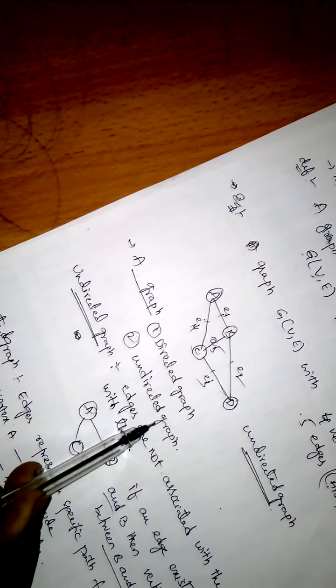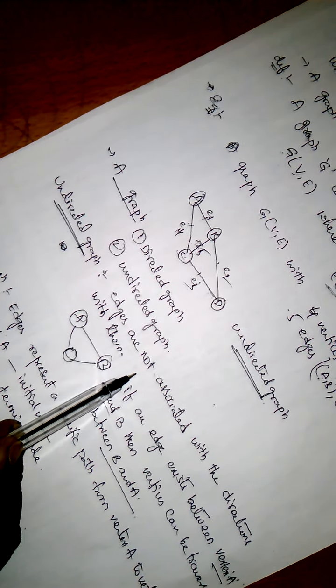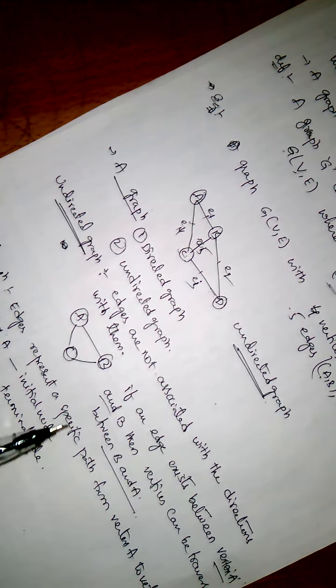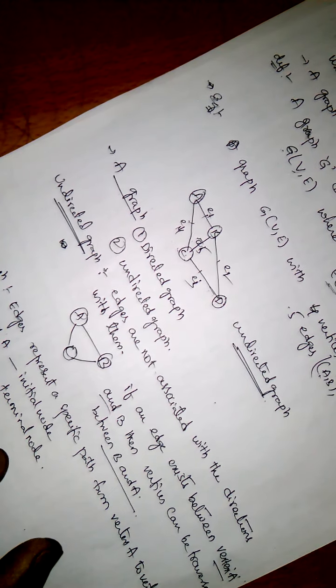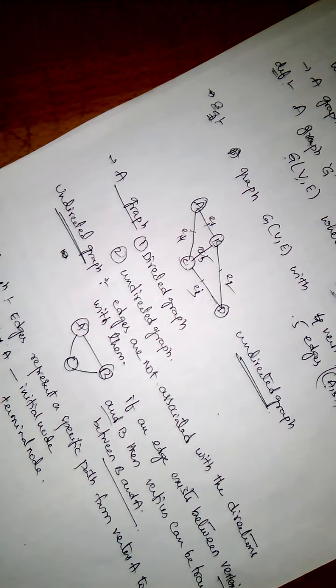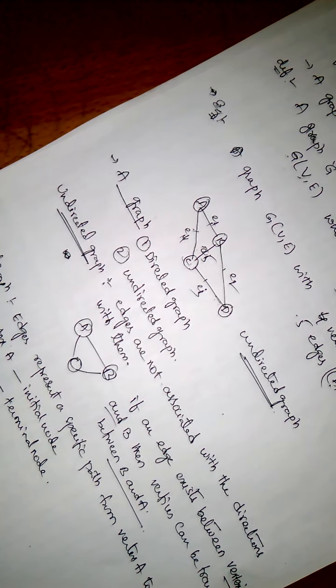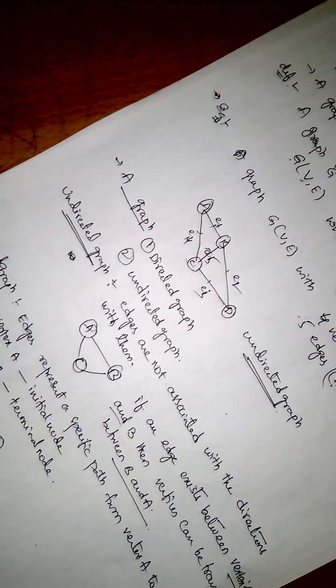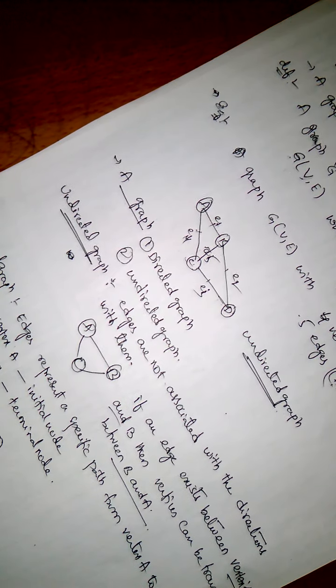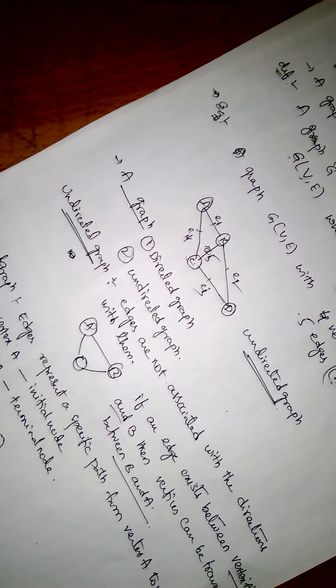A graph can be of two types: either a directed graph or an undirected graph. So what is an undirected graph? In an undirected graph, the edges are not associated with directions. The edges don't show any type of direction.